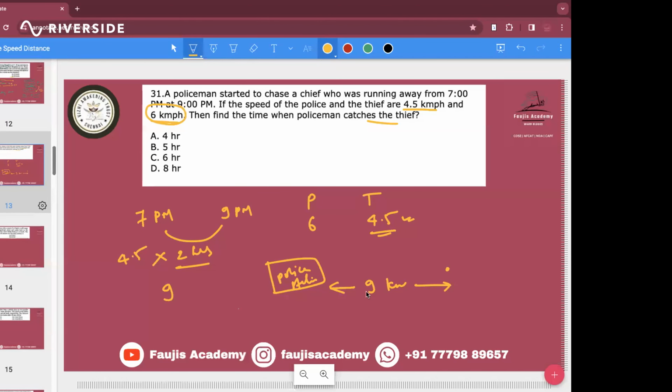But in the question they have mentioned the speeds. Look, these are memory-based questions, so slightly here and there it works out.